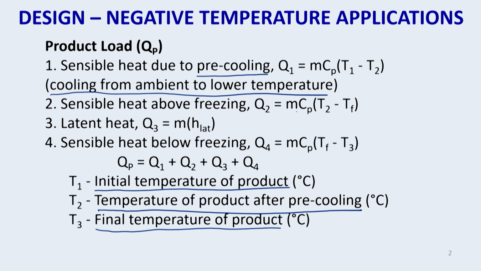Here Q2 is nothing but Q1 in the positive temperature. For pre-cooling, it is from T1 to T2, then from T2 to freezing, then the freezing process, that is latent heat, then from freezing to the final temperature. So it is T1 to T2, T2 to TF, TF to T3.